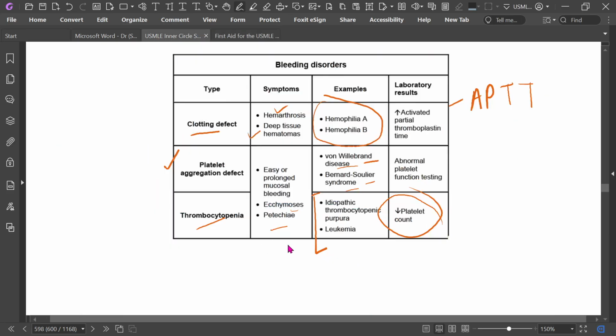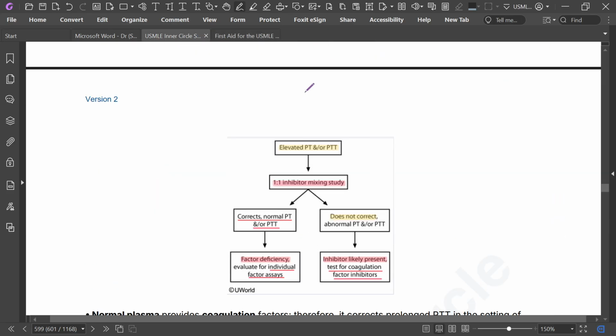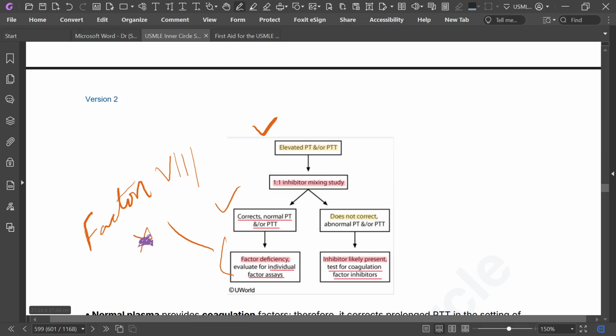Okay, look here. If there is elevated PTT, we do a 1:1 inhibitor mixing study. If PTT corrects and becomes normal, think about factor deficiency, and do individual factor assays, maybe factor 8, factor 9.